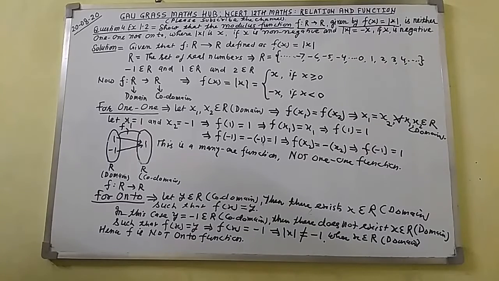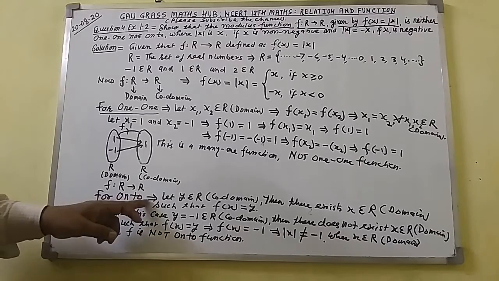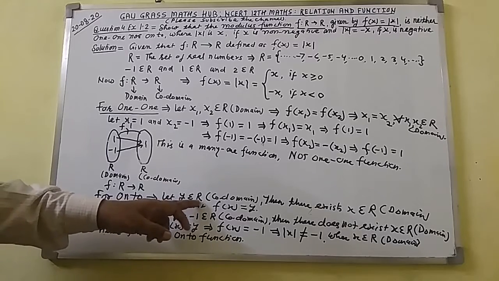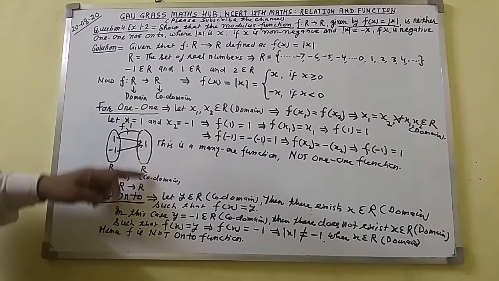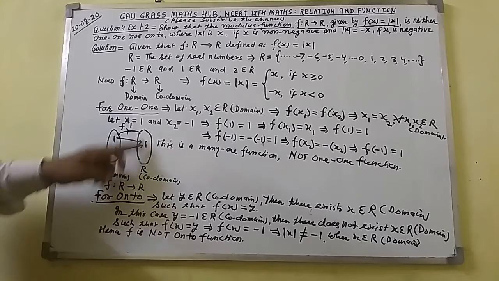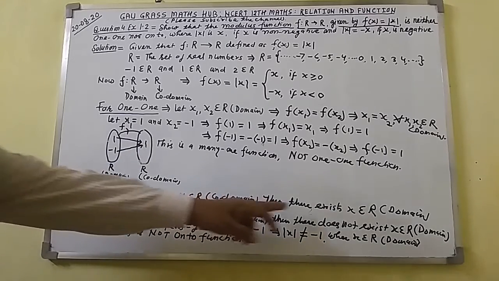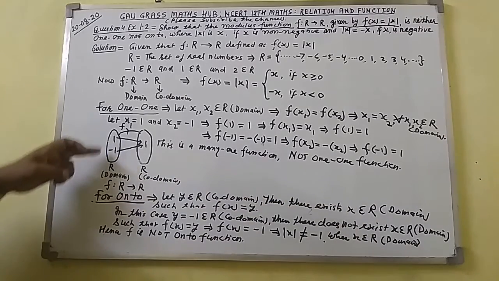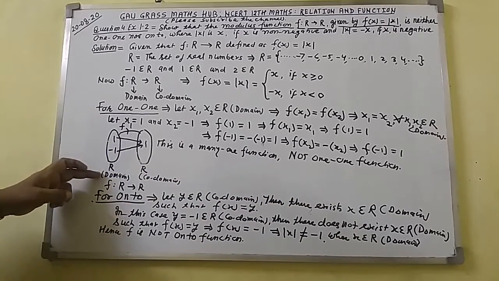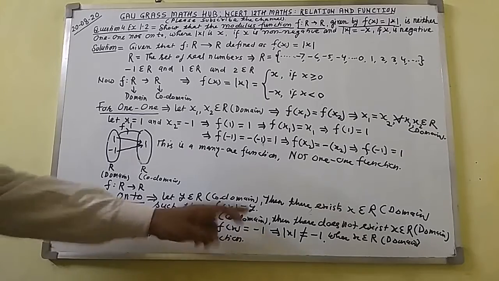Here I am going to explain once again for a function to be onto. Let y belong to capital R codomain. Then there exists x belonging to capital R, that is domain, such that f of x equal to y.